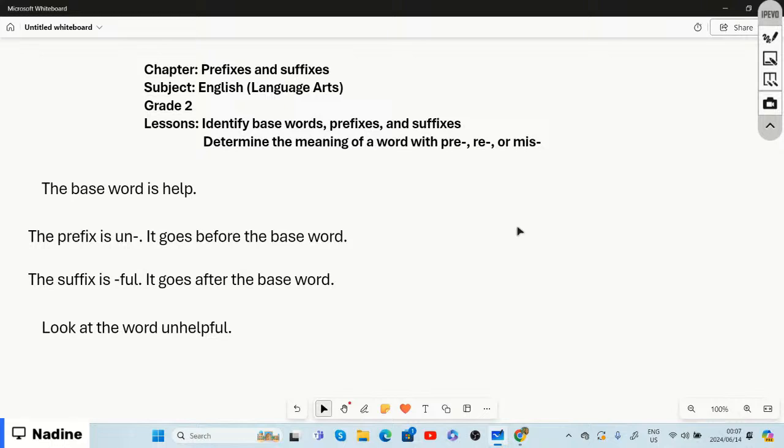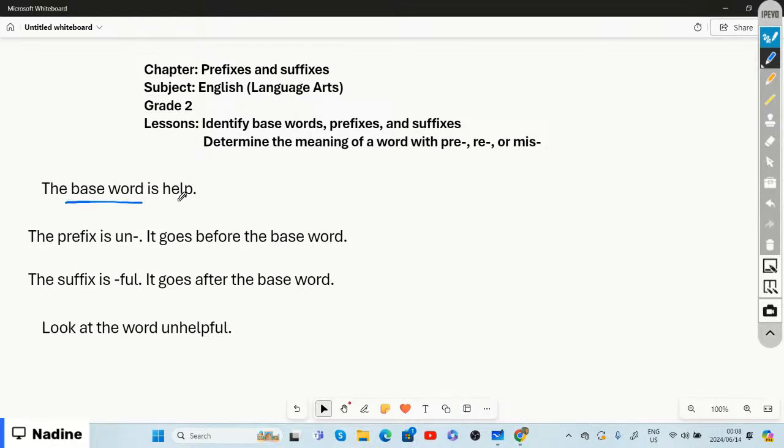And if we look at an example, the base word within this example is help.